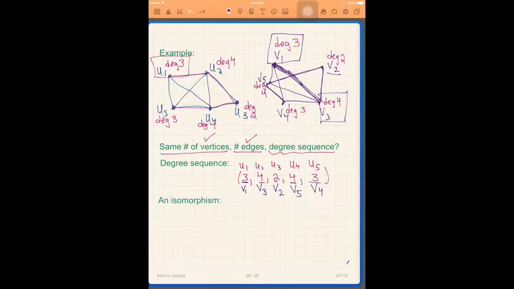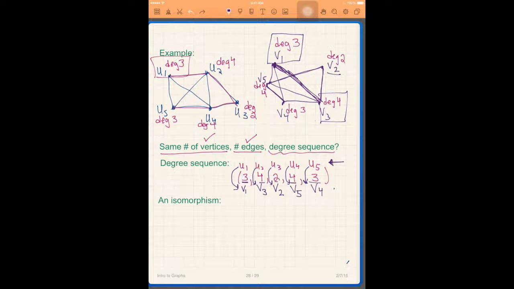So what we're going to do for isomorphism is just match these vertices. That's what our mapping is going to be. And so if you looked at the adjacency matrix, they will be the same for the graph U using this in your rows and your columns of the adjacency matrix.